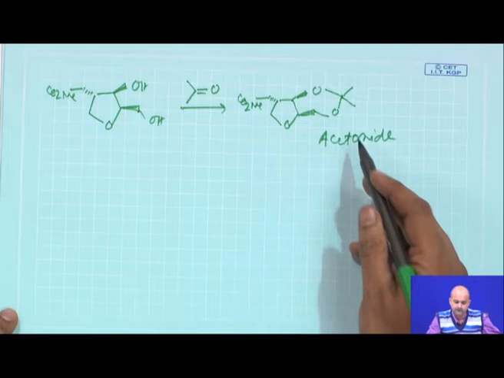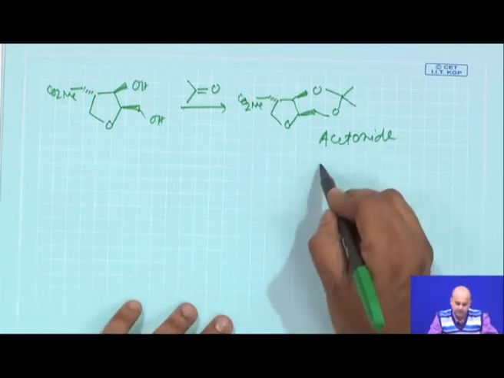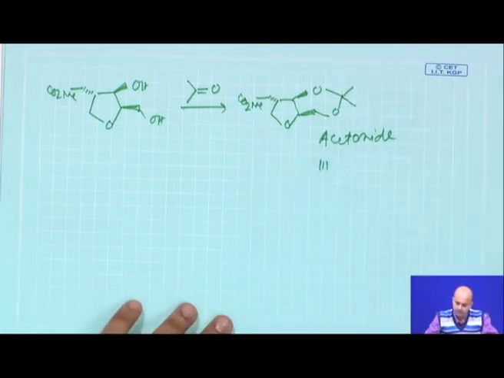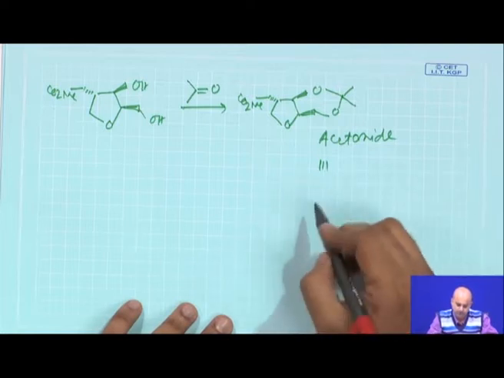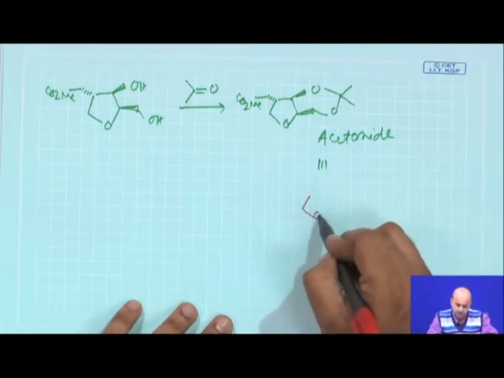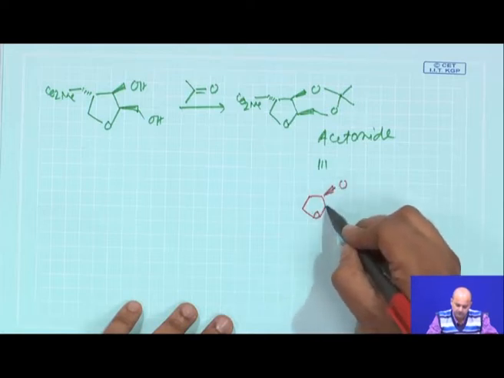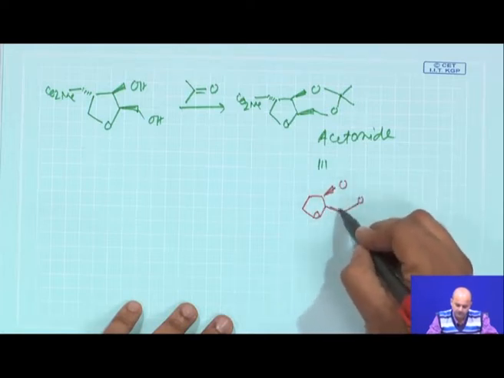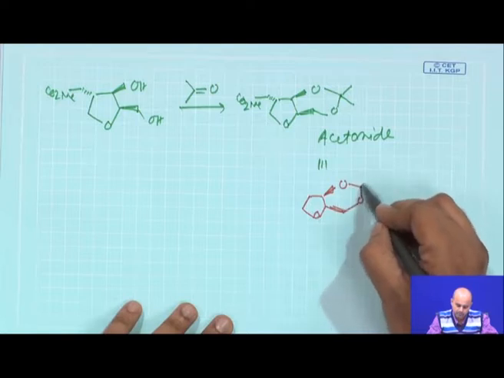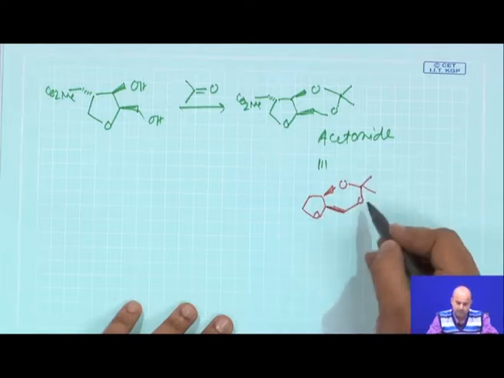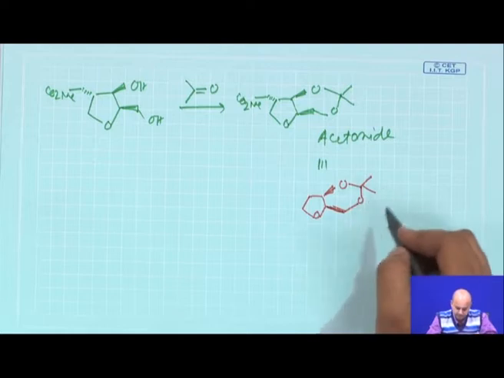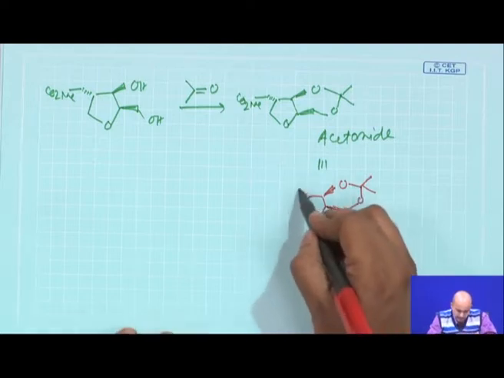We can write this acetonide structure in a slightly more convenient way, which looks much easier. In reality it is a 6-membered ring, and then this part remains.